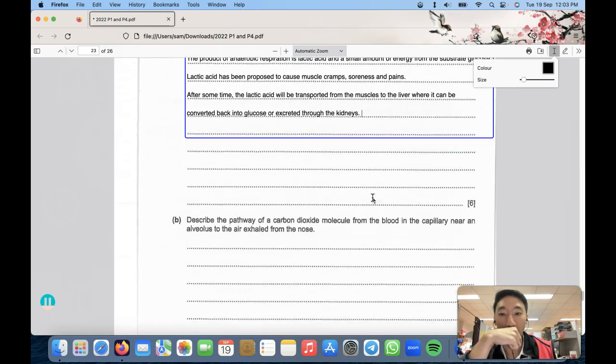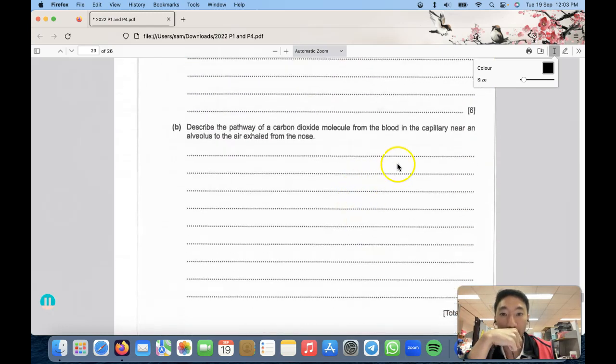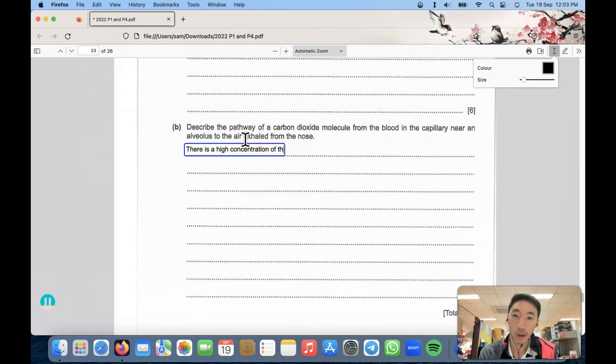Now we're going to describe the path of the carbon dioxide molecule from the capillary to the alveolus. There is a high concentration of carbon dioxide in the blood capillary and a low concentration in the alveolus.